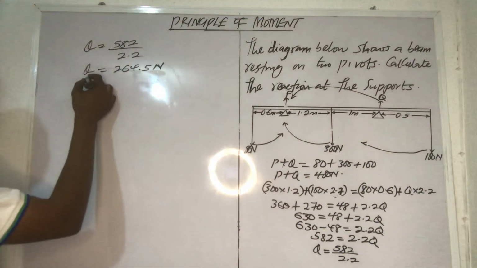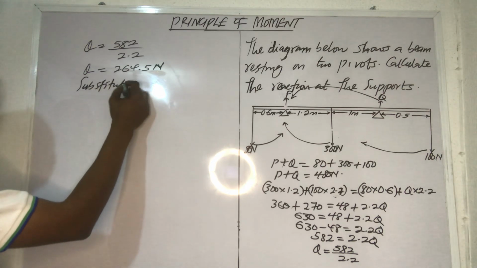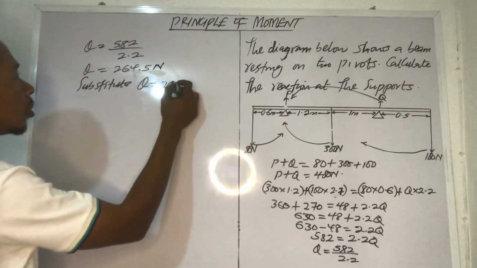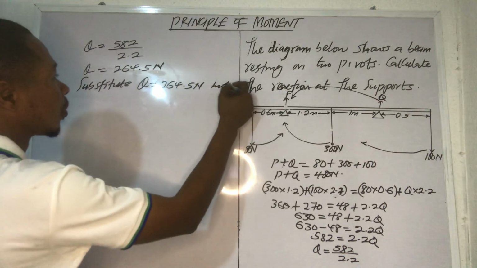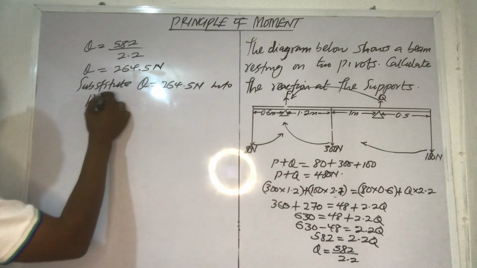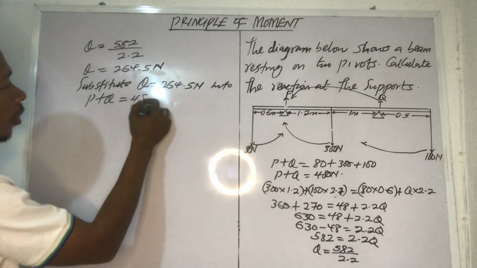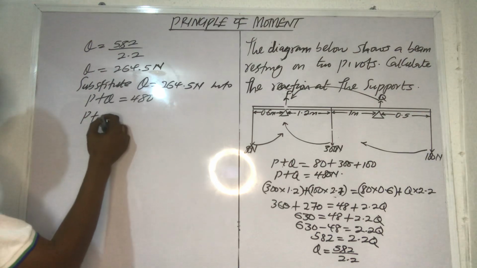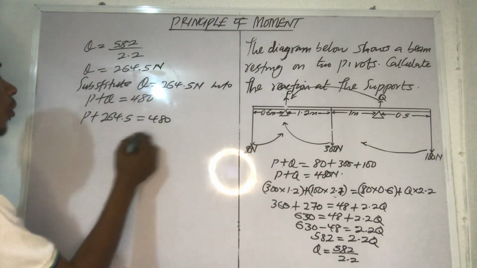Substitute Q equal to 264.5 Newton into P plus Q is equal to 480. So in that case, you now have P plus 264.5 is equal to 480.